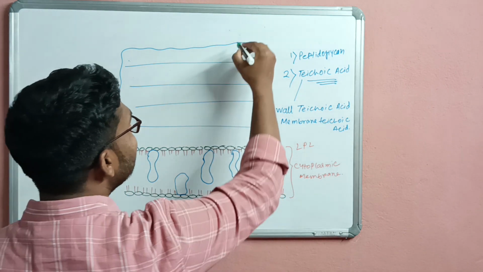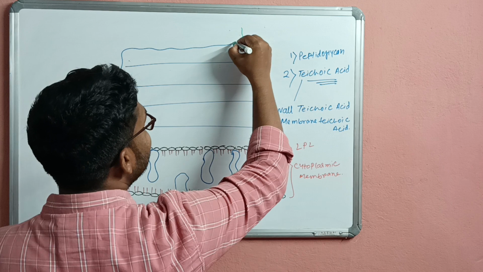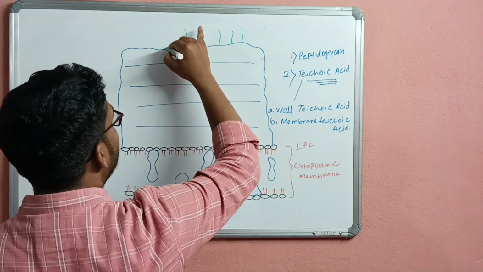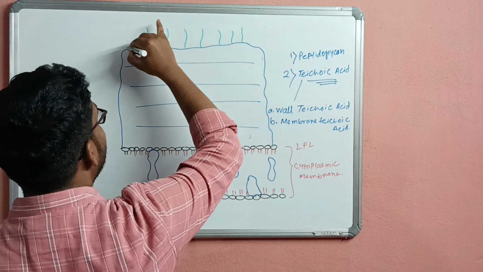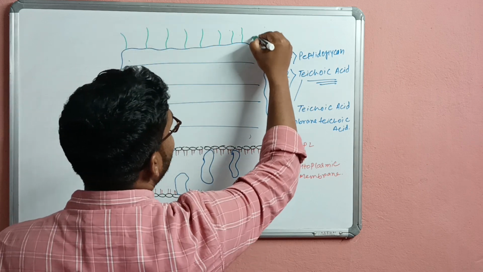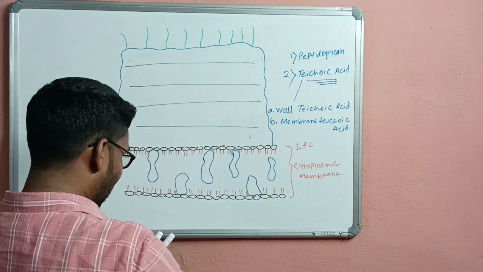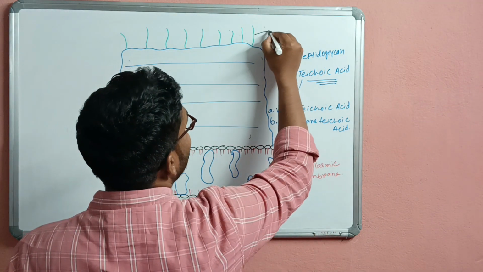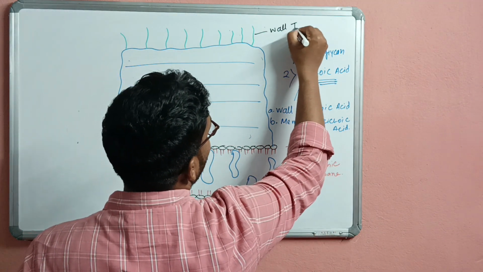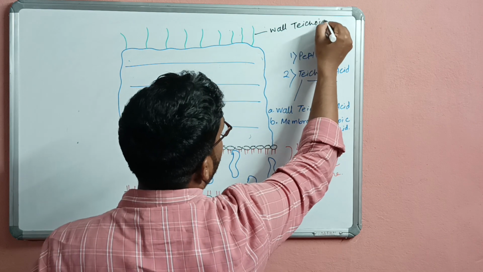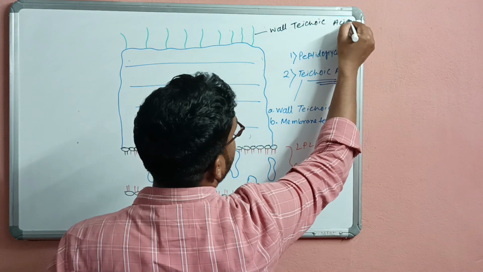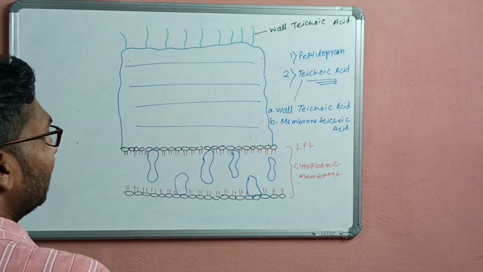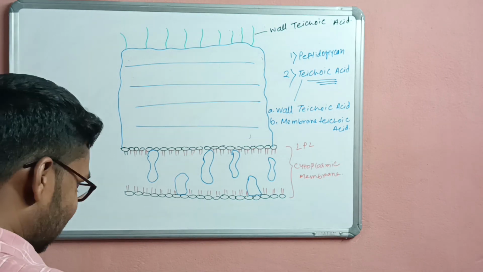Wall teichoic acid is the teichoic acid which generally arises from the peptidoglycan layer of the gram positive bacterial cell wall. This one is called wall teichoic acid. Okay, and which one is membrane teichoic acid?